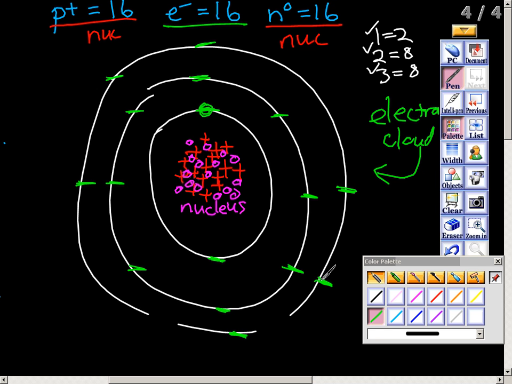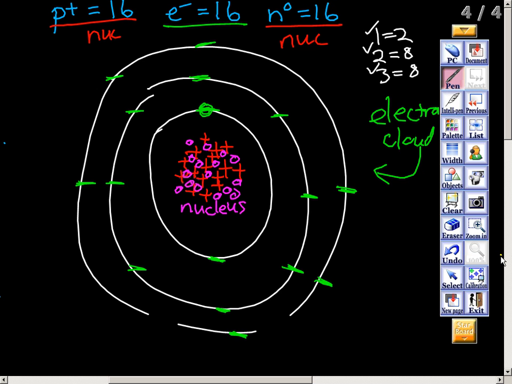Now, it's a big pain, when you want a quick model of an atom, to always draw this thing. There's a much easier way to draw an atom. It's called the Lewis structure.